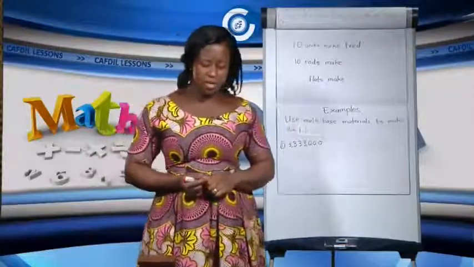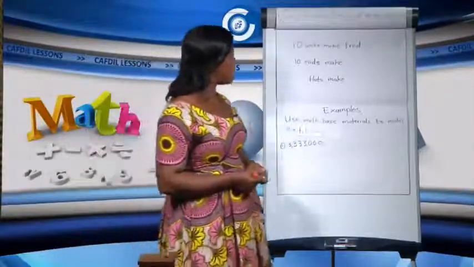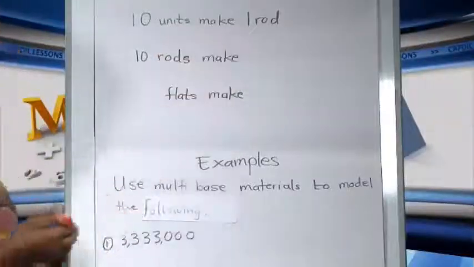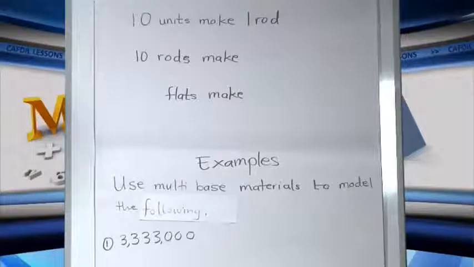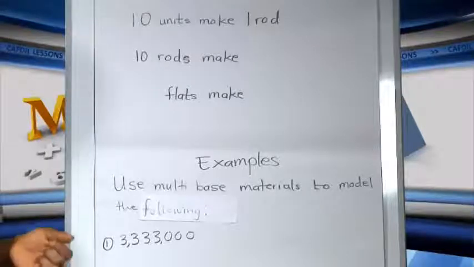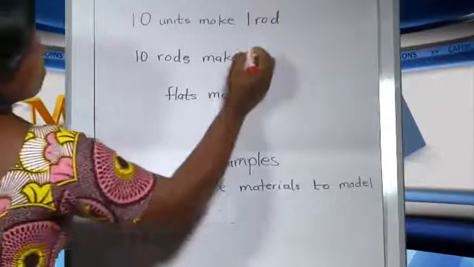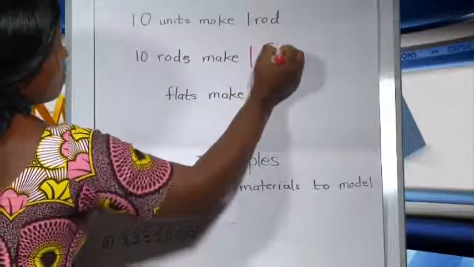The materials that I have shown you, 10 of the units make one rod. If 10 of the units make one rod, now 10 of the rods will make, very good, a flat or one flat.